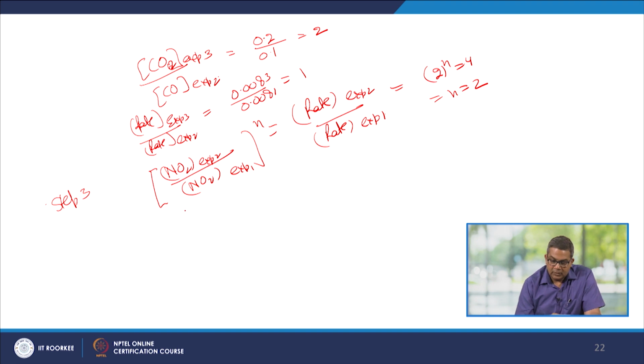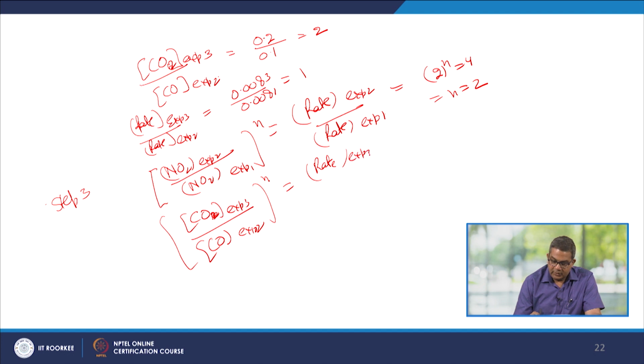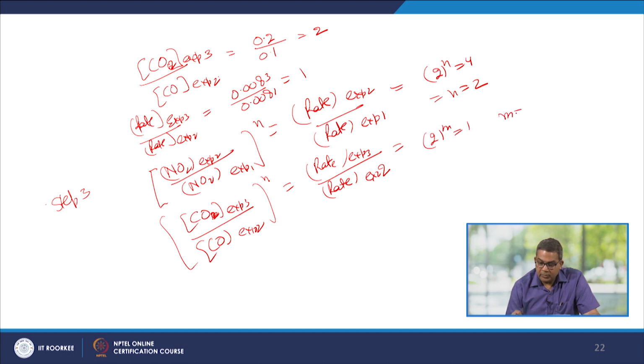Similarly, for carbon monoxide, CO experiment 3 over experiment 2 to the power m is equal to rate experiment 3 over experiment 2, which is 2 to the power m is equal to 1, or m is equal to 0. So in this way, we find the values of m and n.